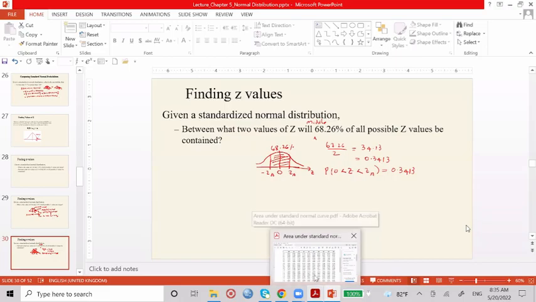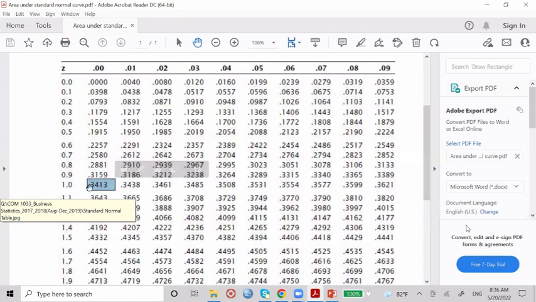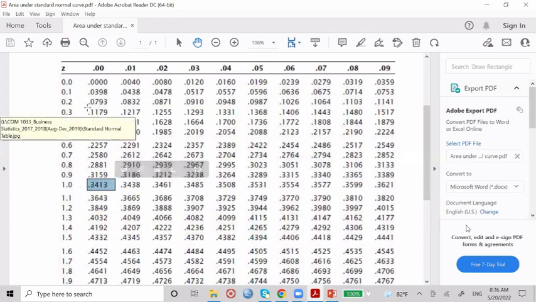Where is 0.3413, right? What is the Z value? It is 1.00, that is 1.